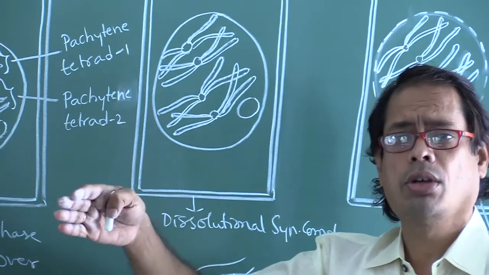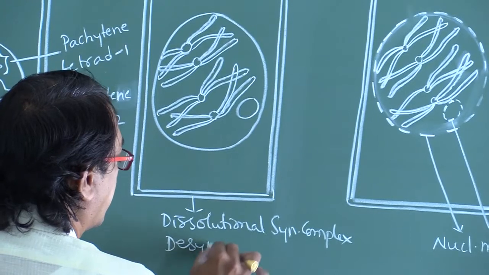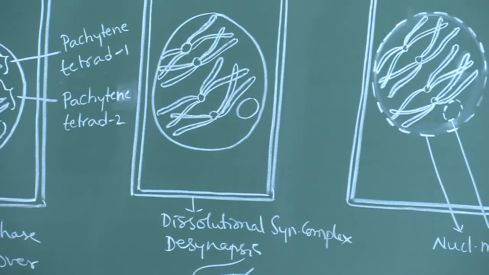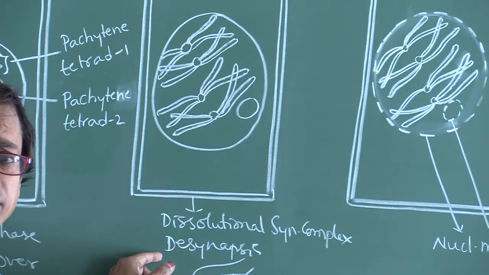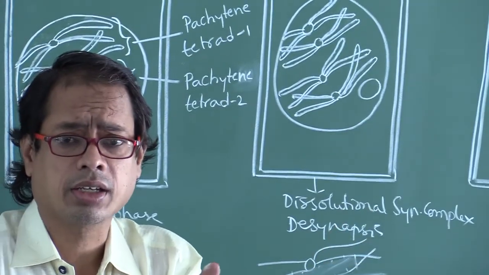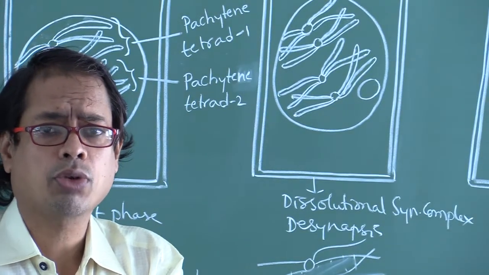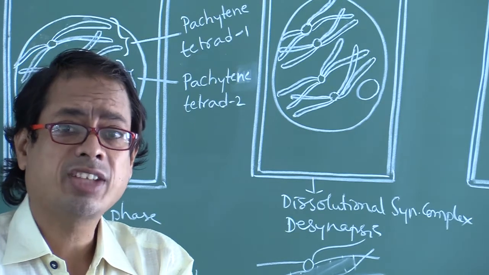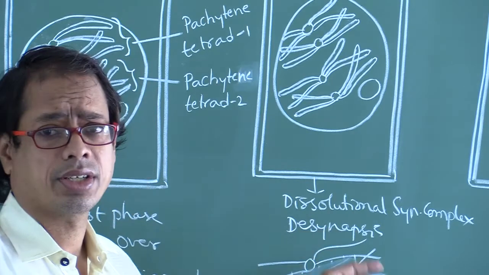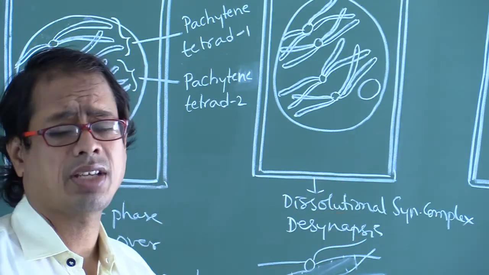Here they separate from each other, which is so-called desynapsis. Synapsis occurs in zygotene. Desynapsis occurs in diplotene. So, dissolution of synaptonemal complex and desynapsis occur.